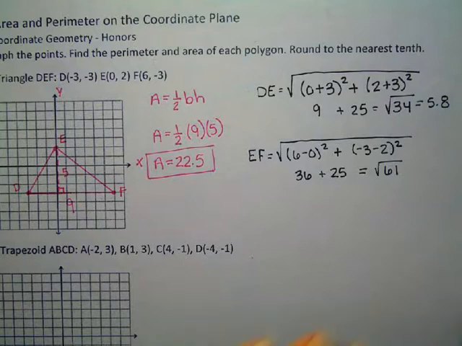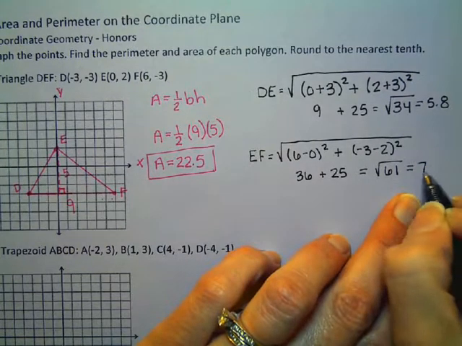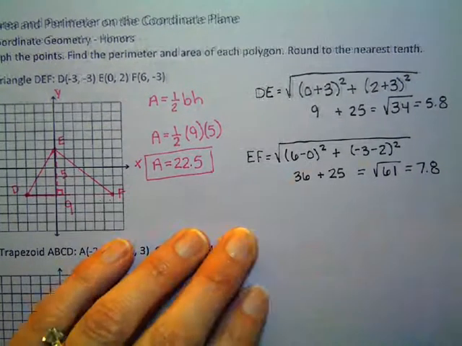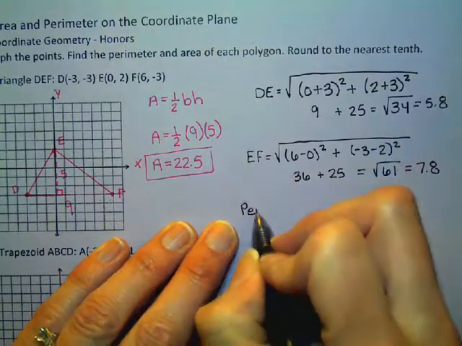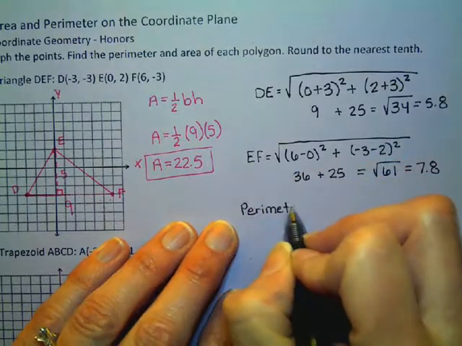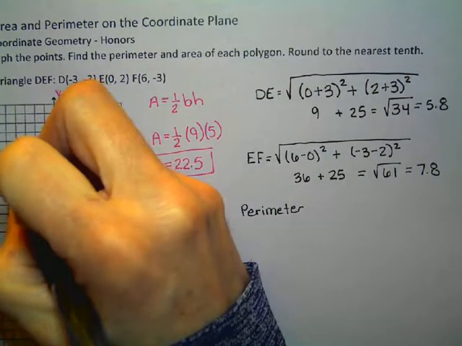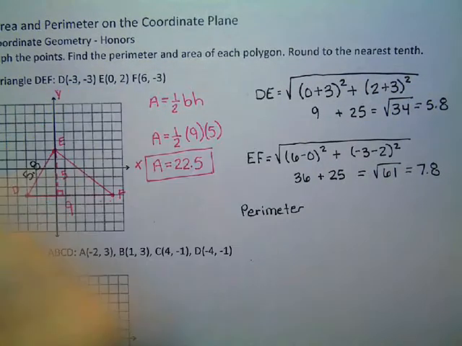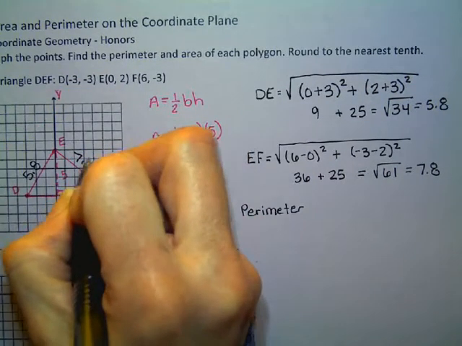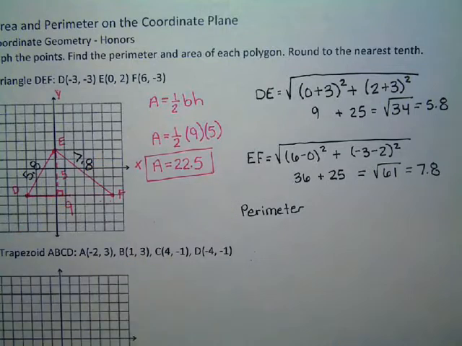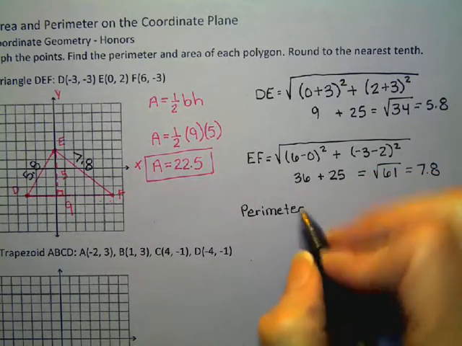Rounding it, I'm going to get about 7.8. So your perimeter is adding up all those sides. So in the picture, I'm going to say this one is 5.8. This one is 7.8. So 5.8 plus 7.8 plus 9 equals 22.6.